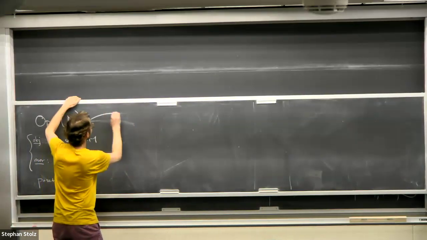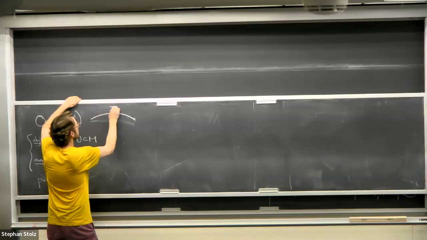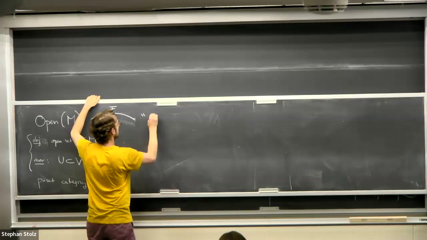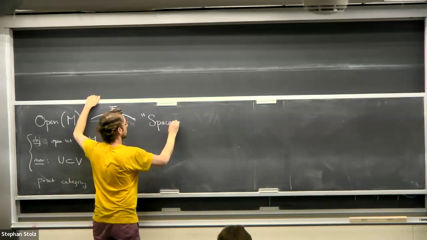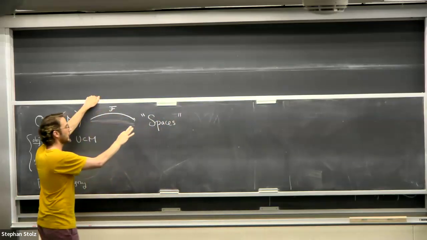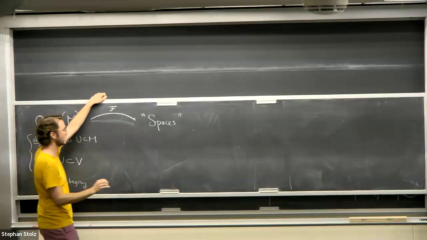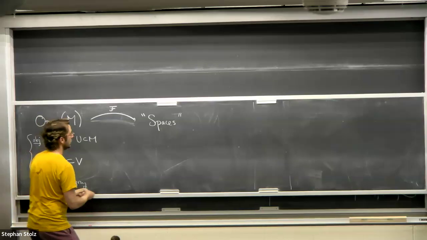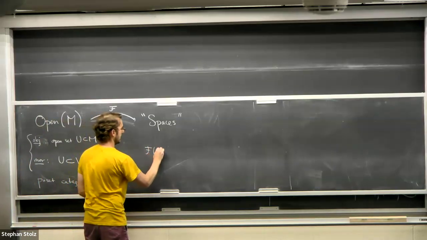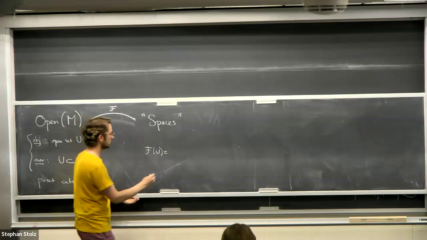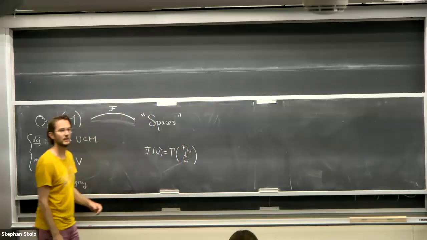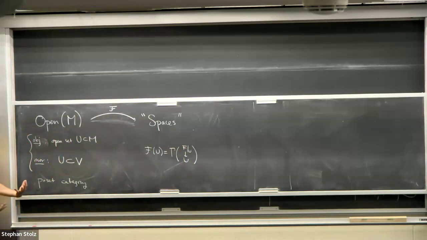In fact, there are 2 functors. So first off, there's a functor I'll call F. It'll go to a category of spaces that I want to postpone talking about. So what does F do? F of U is just going to be sections over U of the fiber bundle restricted to U. It's just the fields on the open set.